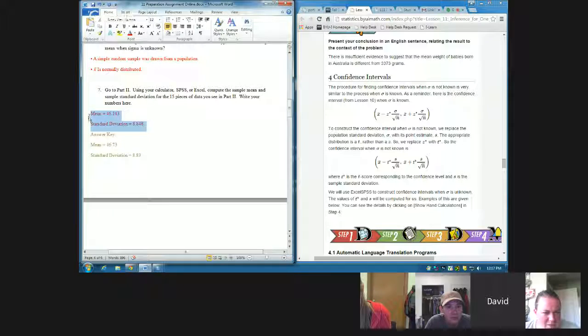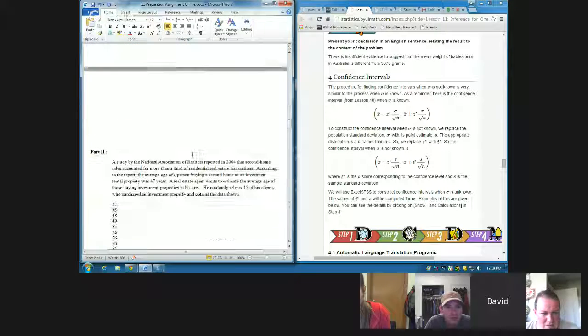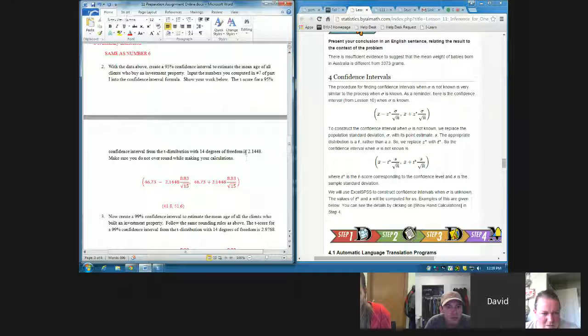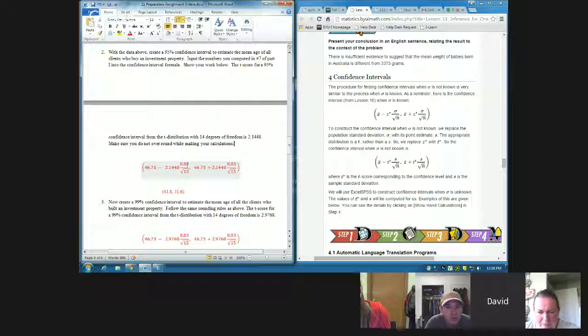Uh-huh. And then the T, they give that to us, which is 2.1448. And then the S, which is the standard deviation of the sample.